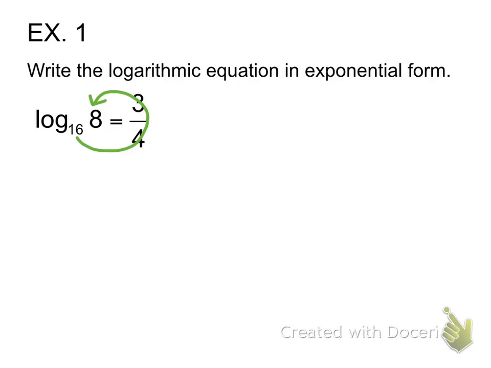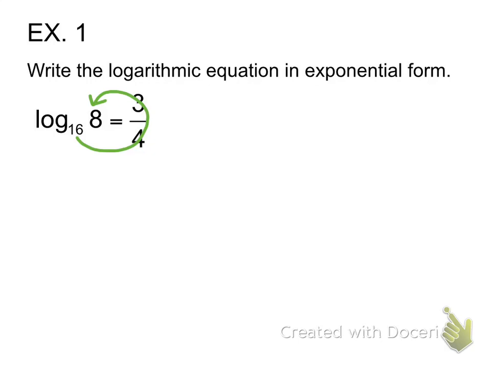So we're going to go back and forth between logarithmic and exponential form. Let me get rid of this here for a second. Log base 16 of 8 equals 3/4. This is a logarithmic equation, and I want to rewrite it in exponential form. The trick that I use to go from logarithmic to exponential is this little loop-de-loop that you saw a second ago. You always start with the base, which in this case is 16.